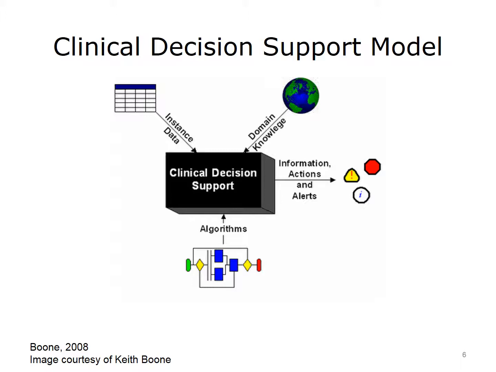The three different inputs include algorithms, or knowledge about how to make inferences or assertions based on existing instance or world knowledge. Instance data describing the specific case that is being addressed by the clinical decision support application.